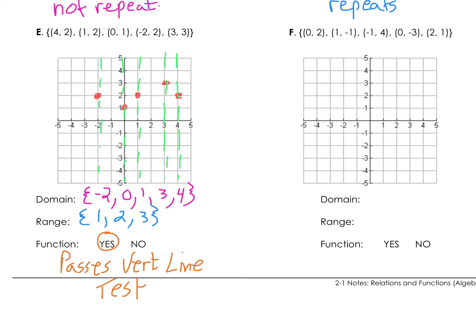Okay, so then for F, I'm going to plot those points. So (0, 2) is on the y-axis, (1, -1) is here, (-1, 4) is up here, (0, -3) is on the y-axis, and (2, 1) is here. So again, your domain, your leftmost point is, as you walk in this direction, is this one right here.